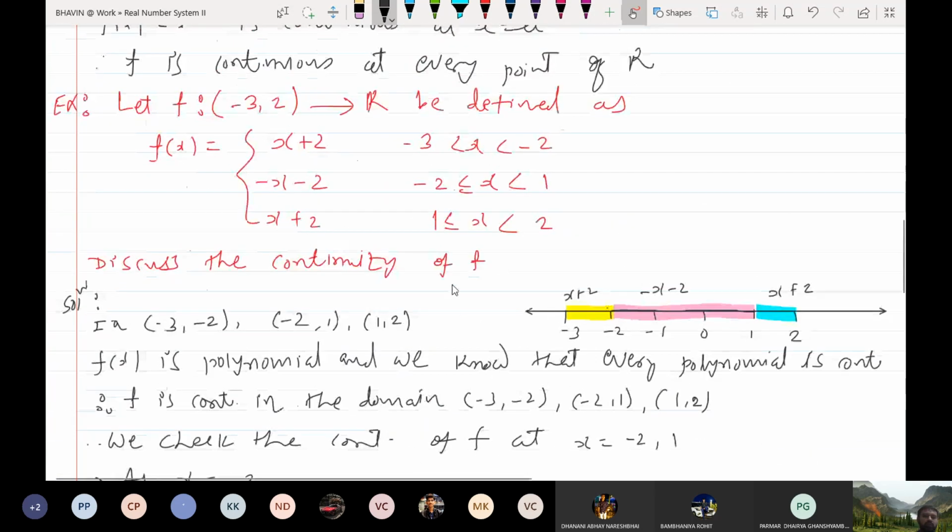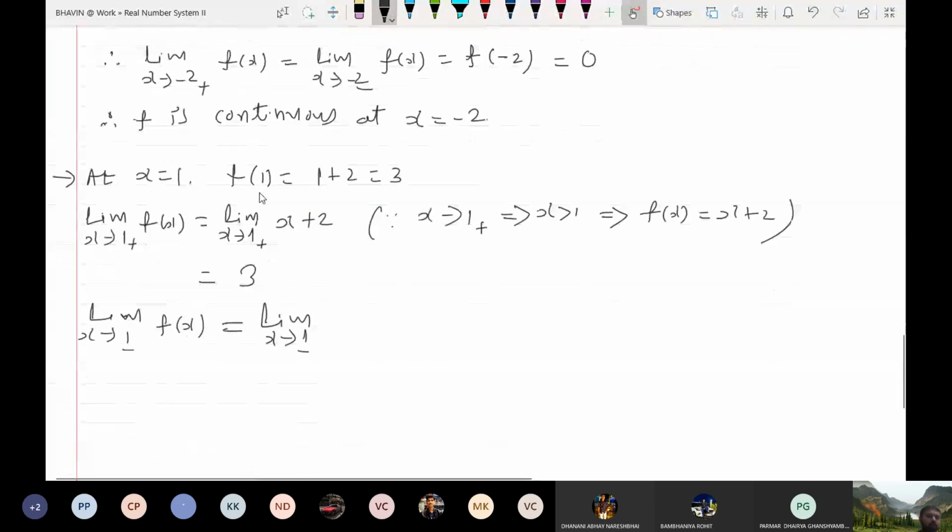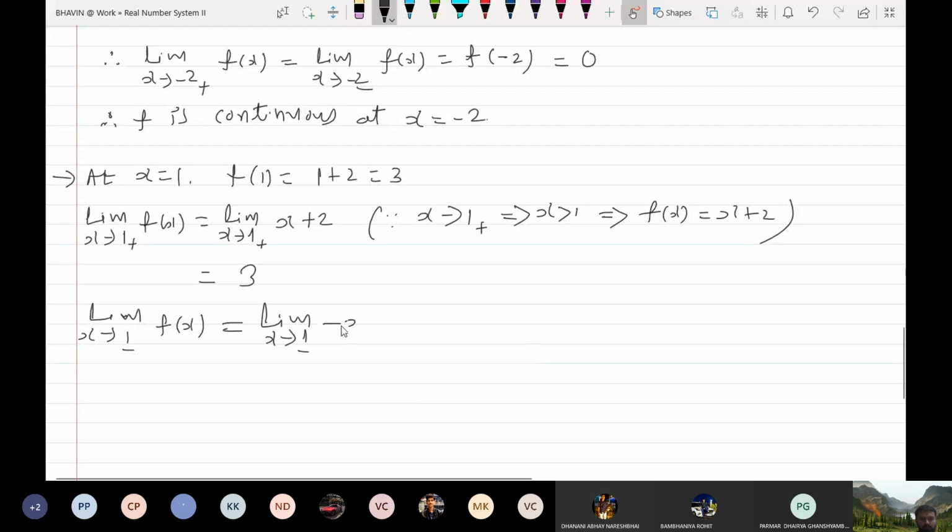X tends to 1 minus, so x is less than 1. So x is in this pink portion. We are approaching 1 from left. The definition of f(x) is minus x minus 2. The reason is this: x tends to 1 minus implies x less than 1.